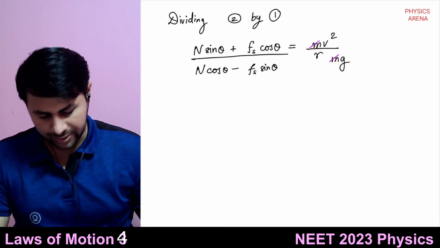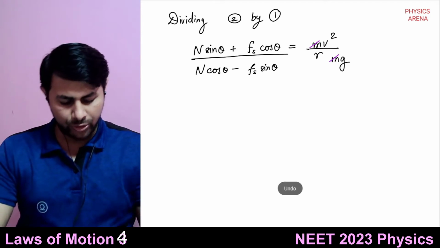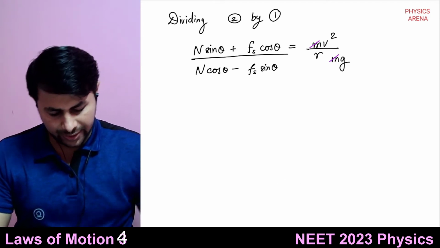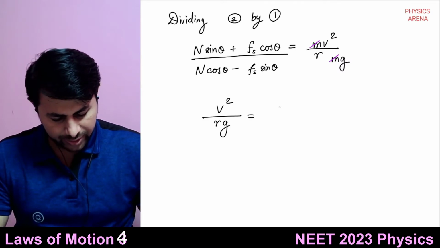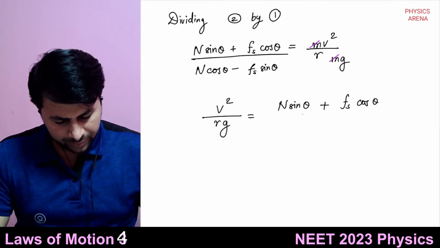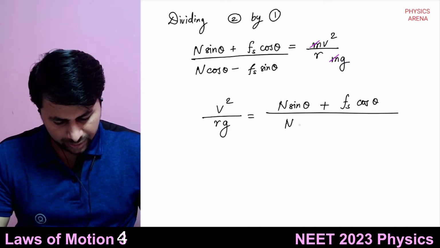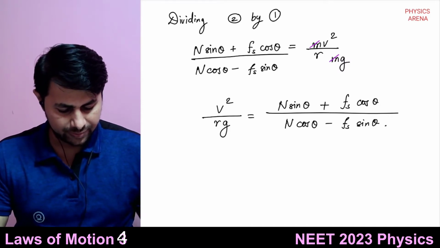On the right hand side you have v square upon rg, and I want to find out v. So I will write it as v square upon rg is equal to n sin theta plus Fs cos theta divided by n cos theta minus Fs sin theta.